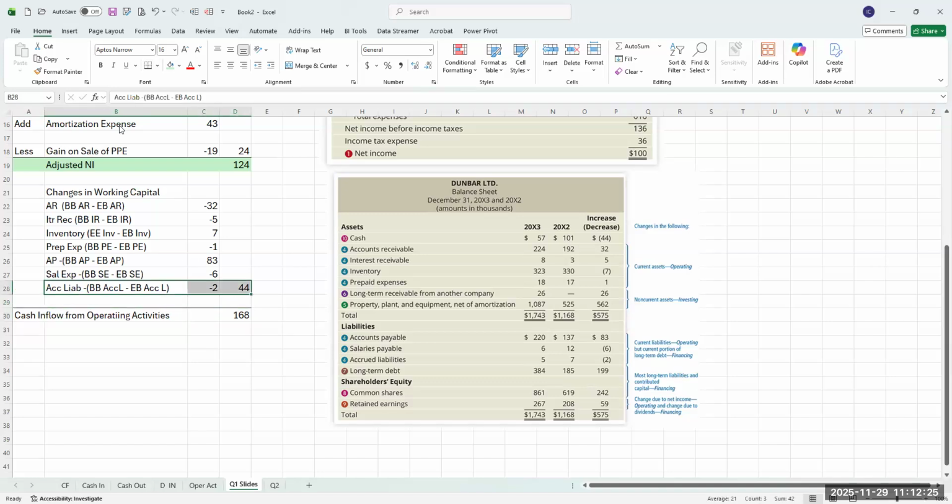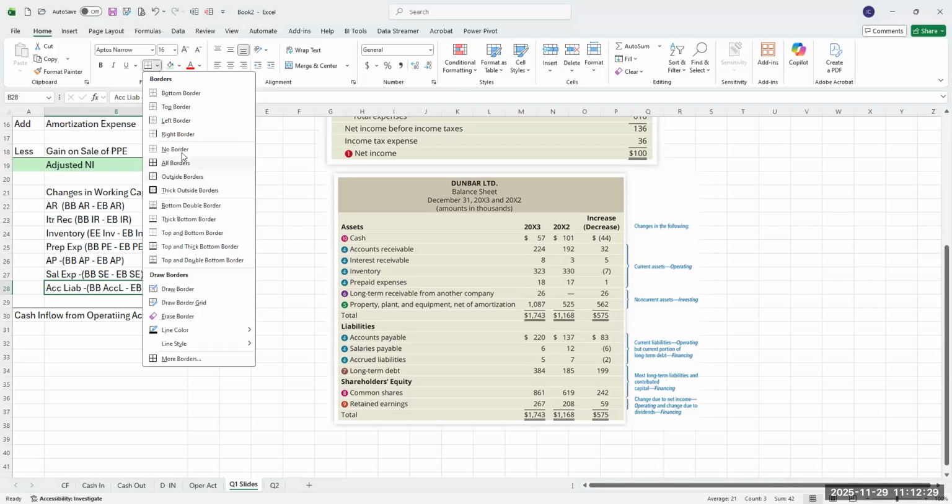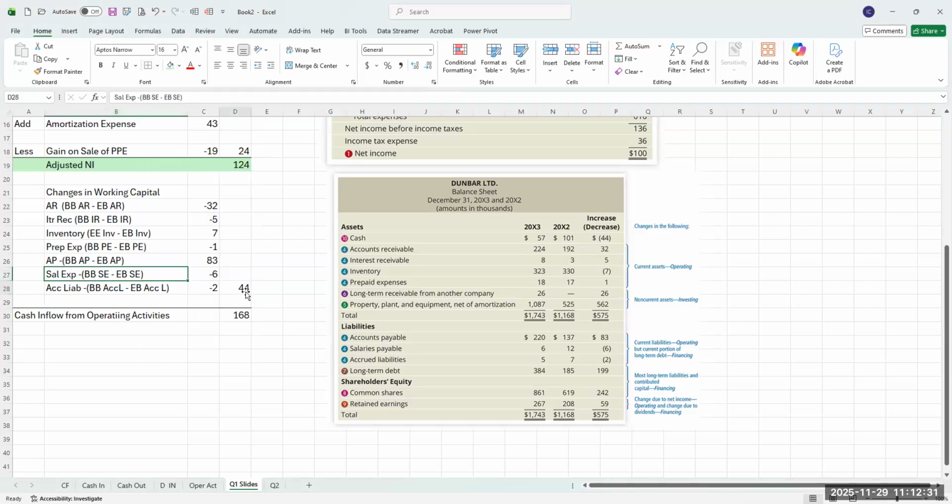Now, let me make some adjustments here. First, let's move those borders. This one I can easily cut from here and paste here. Need one underline here.